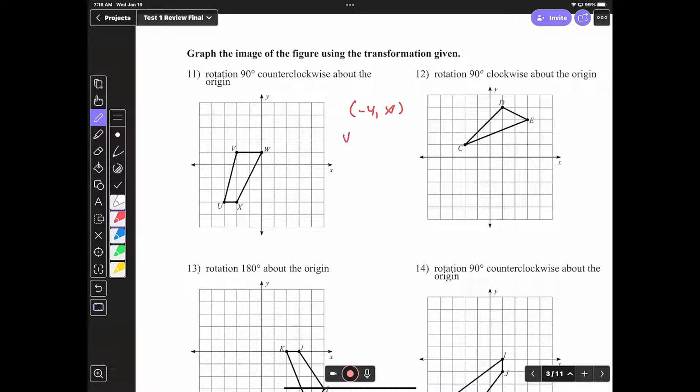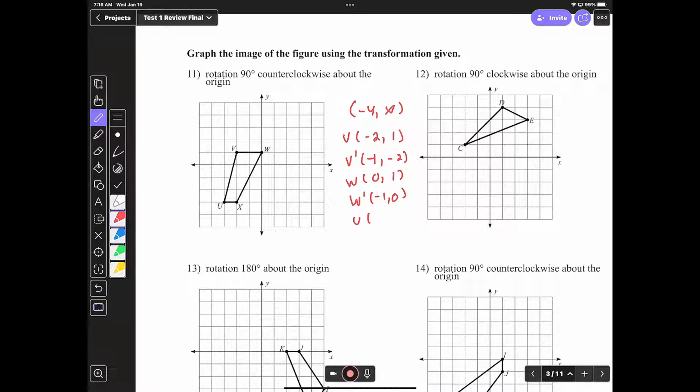So we have V is negative 2, 1. So V prime is going to be negative 1, negative 2. W is 0, 1. So W prime, you have to switch, negative 1, 0.